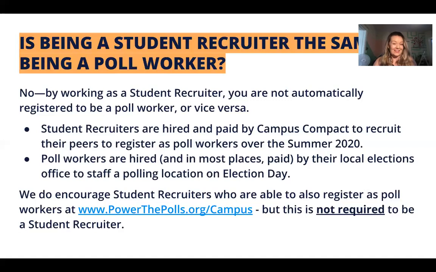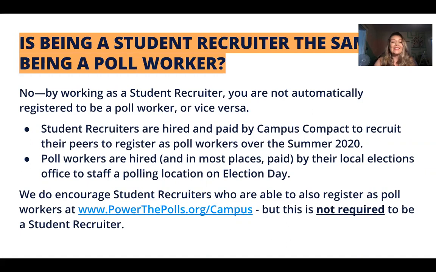Poll workers, on the other hand, are hired and in most places paid by their local elections office to staff a polling location on election day. So we absolutely encourage our student recruiters who are able to also sign up to serve as poll workers at that website, powerthepolls.org/campus.